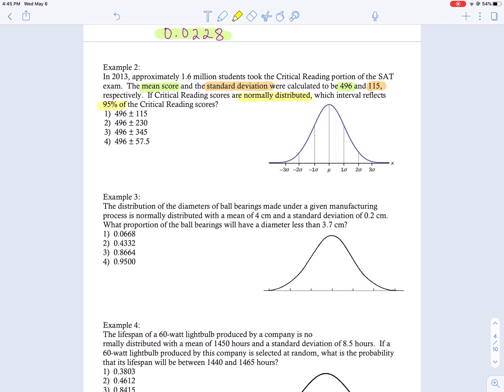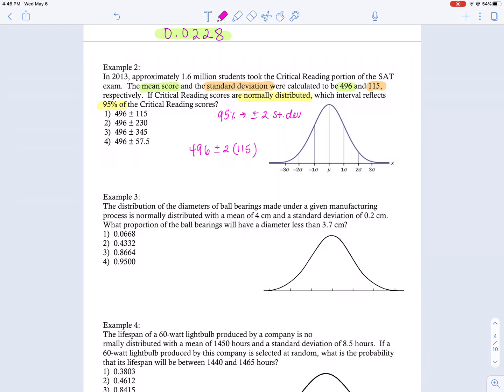95% of the scores? Okay, so here's what you need to know. 95% is within plus and minus 2 standard deviations. A couple of ways you could do this. You could literally just take your 496, which is your mean, and add 2 times 115.